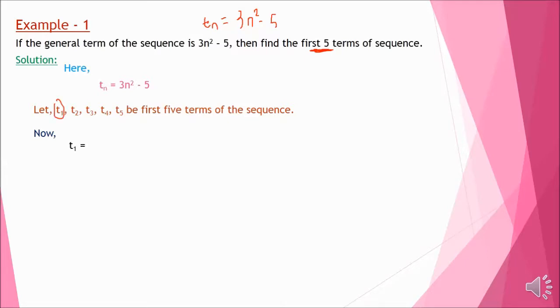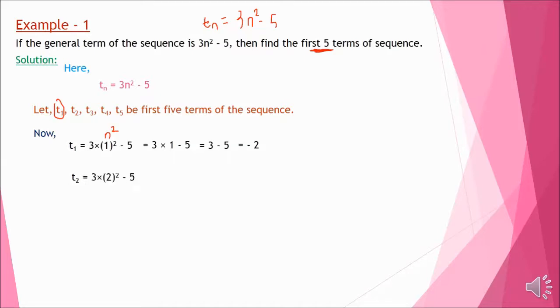To find T1, the value of n will be 1. We substitute n equal to 1 in 3n² minus 5, so the value will be 3 into 1 minus 5, which is 3 minus 5, which is minus 2. Similarly for T2, n will be replaced by 2.